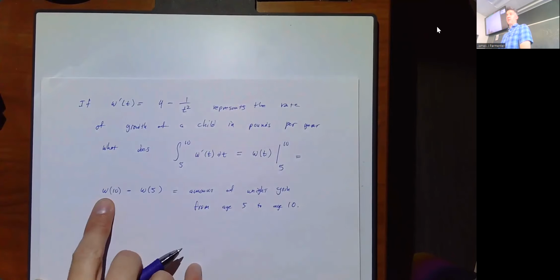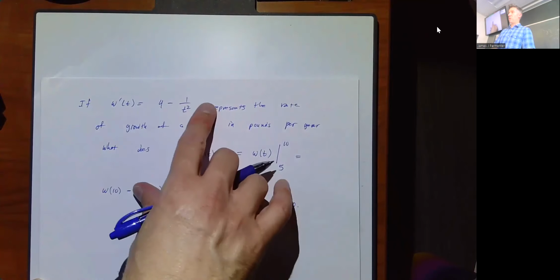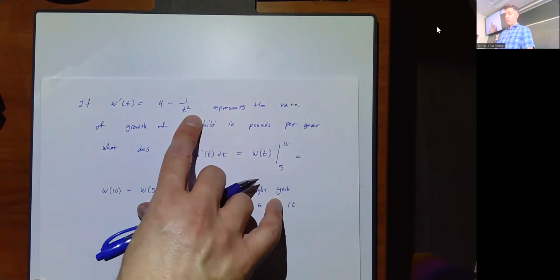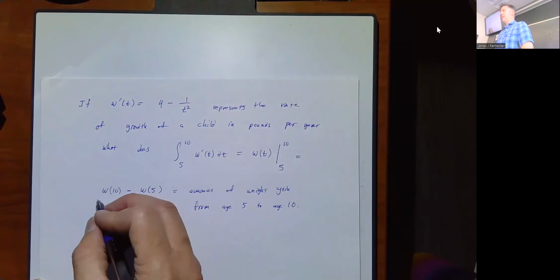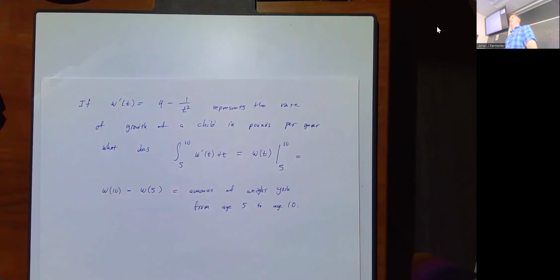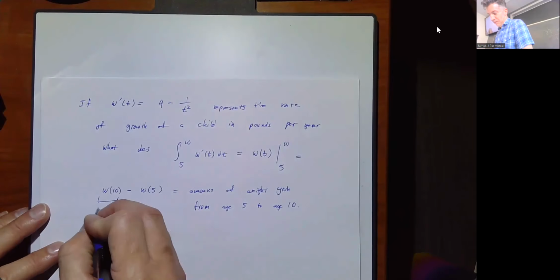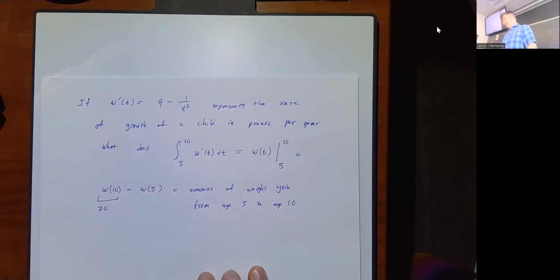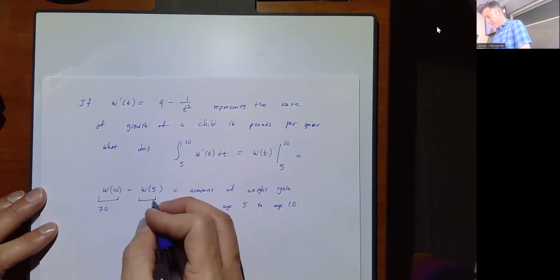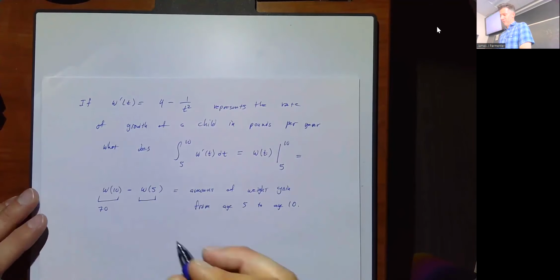Right, this is the weight at year 10. And I'm going to make up some numbers that don't correspond to this function because the function I picked here is not good with this example. But let's say that someone weighs, what does a 10-year-old weigh? 60 pounds, 70 pounds? No idea really at all. Let's pretend a 10-year-old weighs something like 70 pounds and a 5-year-old weighs, I don't know, 50 pounds?